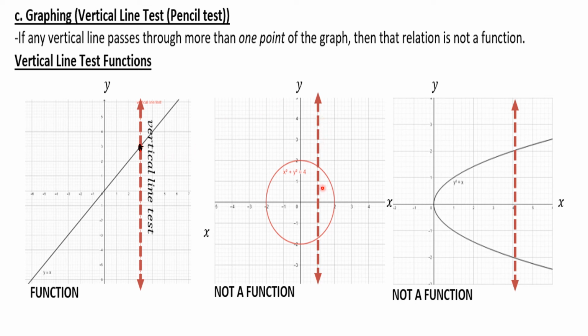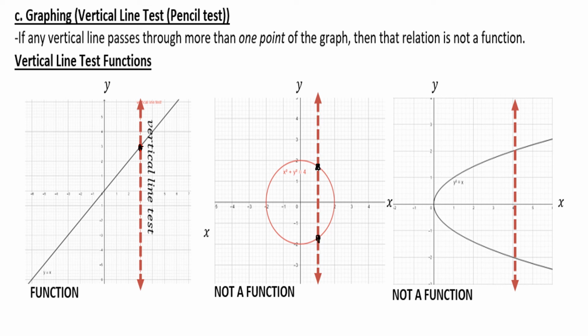Next, let's proceed to another example, which has the equation x squared plus y squared equals 4. Take a look when the vertical line passes through the graph. Take a look at how many times it passes through our graph. We have 1, then we have 2.